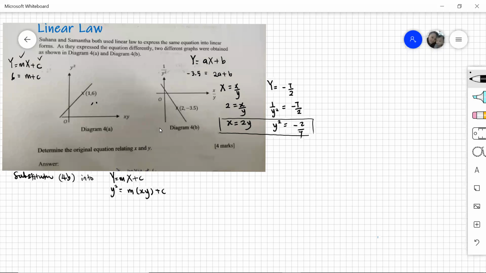So now let's just substitute the y squared value from 4b. That is why we don't have to rush to find out what y is.